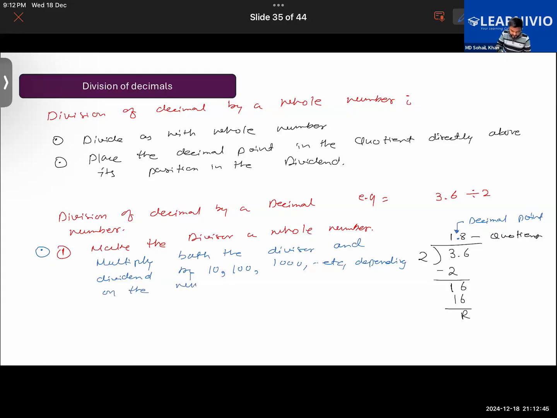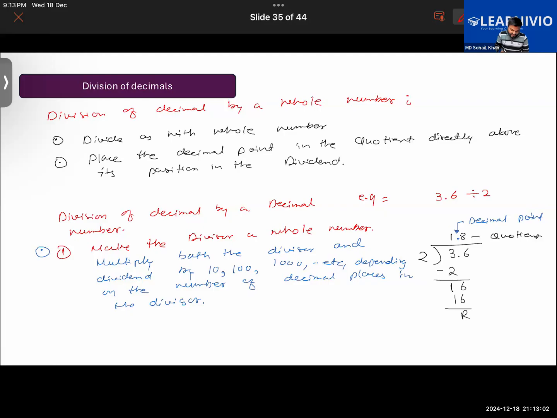So you always have to look at how many decimal places there are in the divisor.